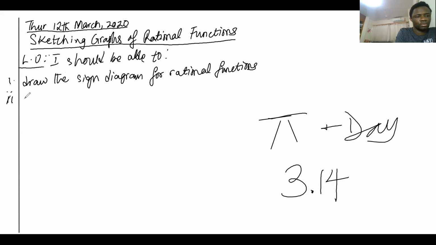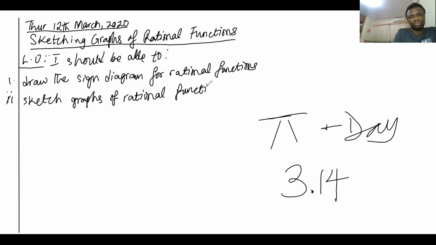That's just a sketch of graphs of rational functions. So we go straight into it. You might be wondering, what is a sign diagram?